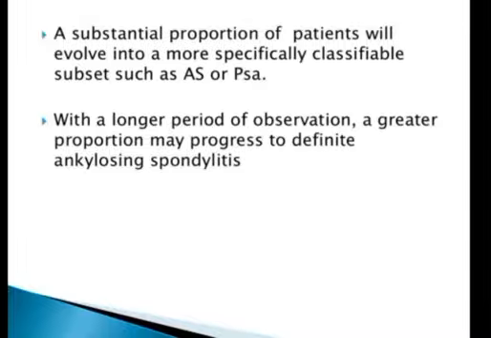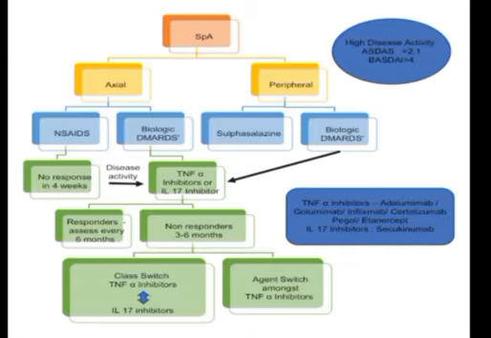A substantial proportion of patients will evolve into a more specifically classifiable subset such as ankylosing spondylitis or psoriatic arthritis. With a longer period of observation, a greater proportion may progress to definite ankylosing spondylitis.